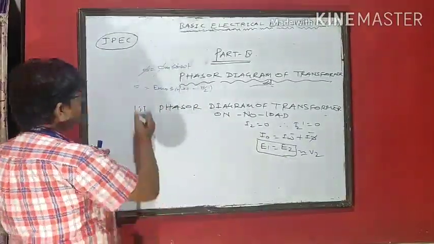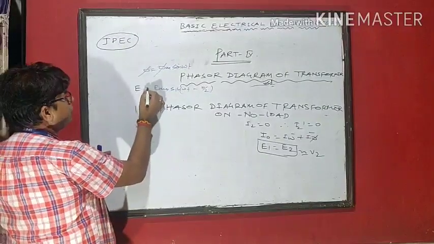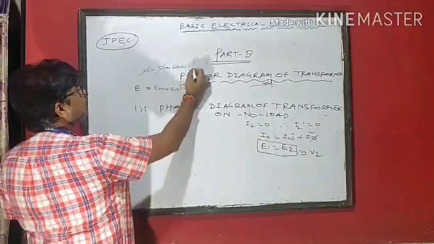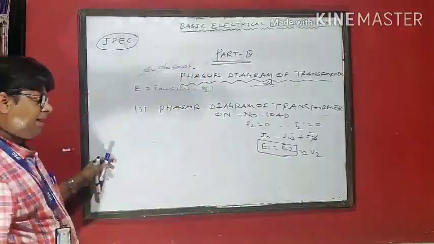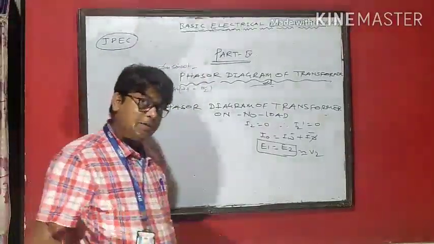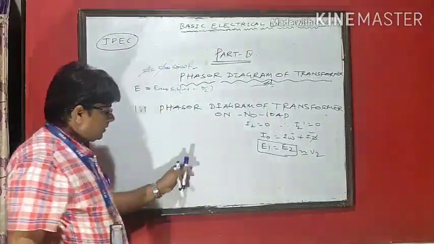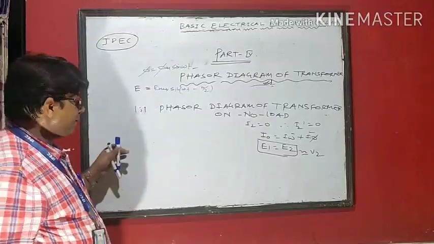We know the equation E equal to Em sin omega t minus pi by 2, and this is your flux. So for the same flux, phi is taken as the reference for primary and secondary. First, draw the circuit phasor diagram.